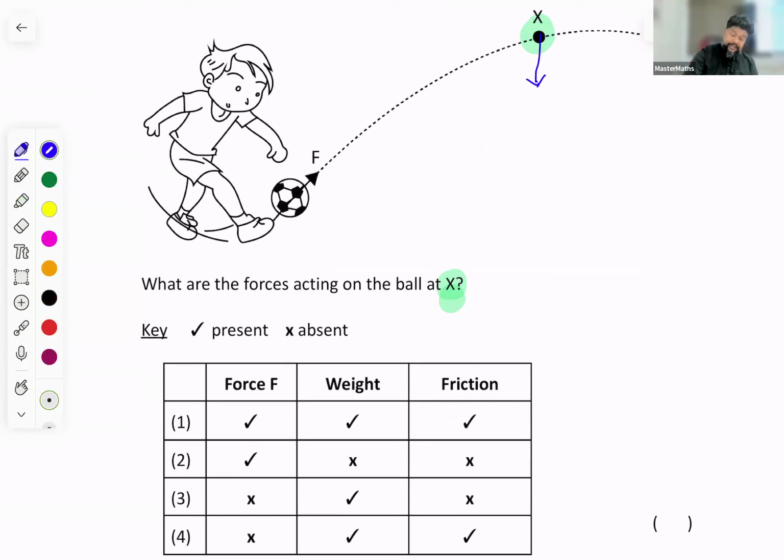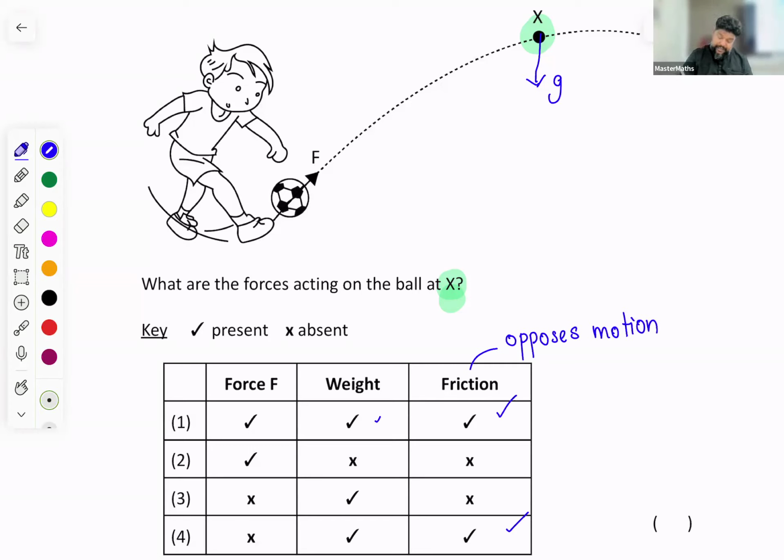Gravity is always acting on it. Is it moving? Yes, it's moving, right? Every time it's moving, there's always friction, right? Friction is there because friction opposes motion. So is there friction? Yes.